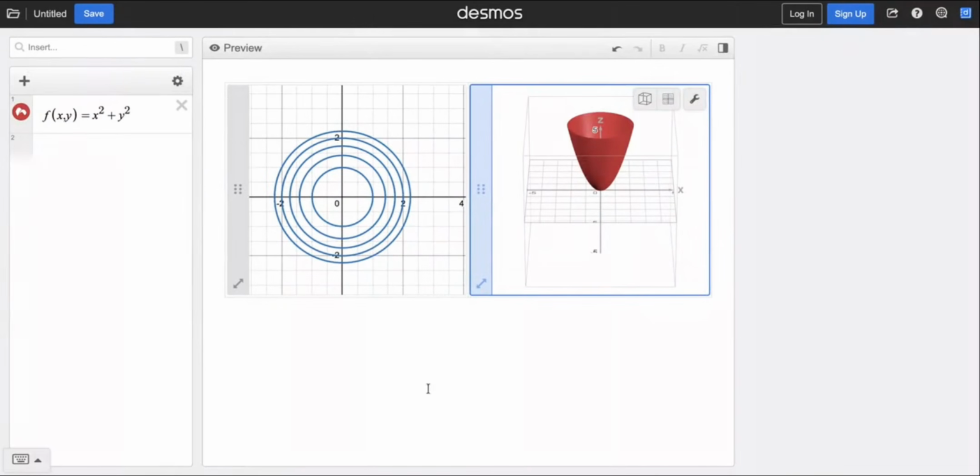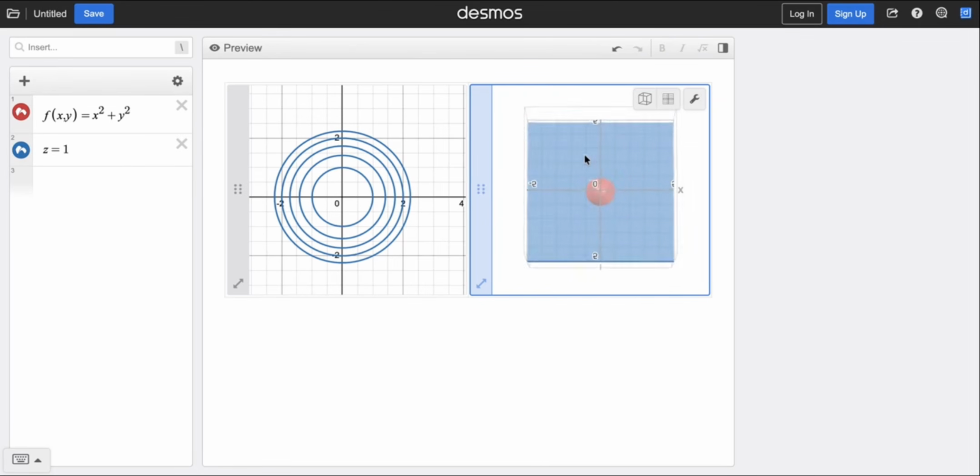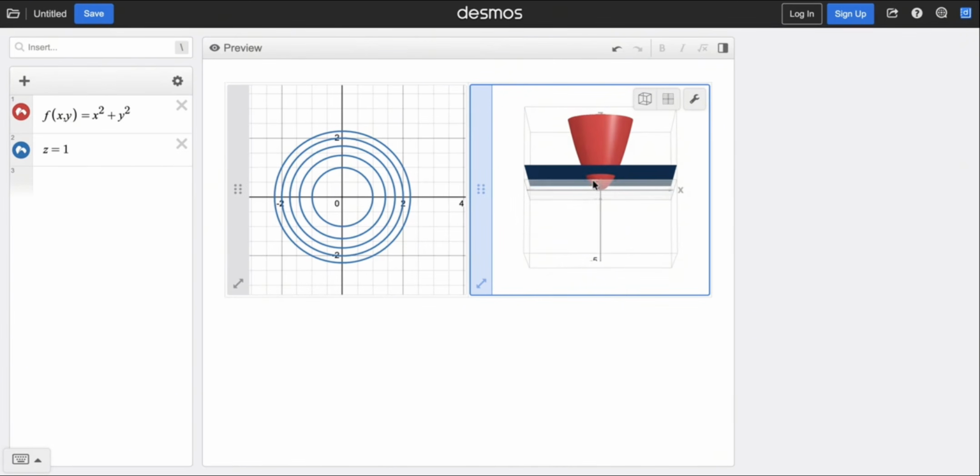So this isn't a gradient visualizer, but it's a contour plot visualizer. If I set, let's say, z equal to 1, notice how the set of all points where our function actually has the height of 1 is going to be like a circle surrounding this parabola cup-like thing.